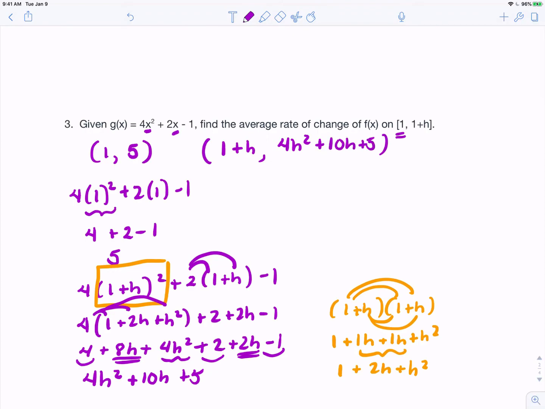And now we have all the information we need to find the average rate of change. So remember, average rate of change is change in y divided by change in x. So we have 4h squared plus 10h plus 5, that's y, minus 5.